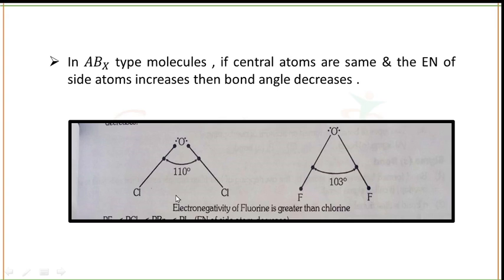As you can see here, the central atom is the same, that is oxygen, while the bonded atoms are different, chlorine and fluorine. If the electronegativity of the side atom increases, then the bond angle decreases. Because fluorine has greater electronegativity than chlorine, the bond angle is minimum for fluorine.